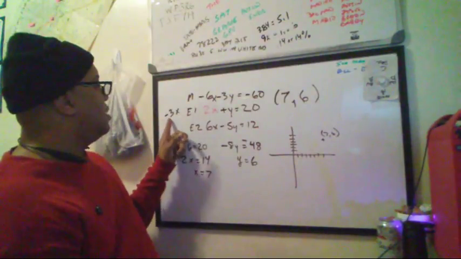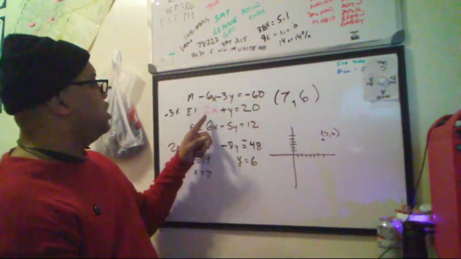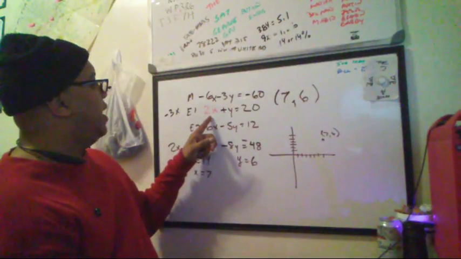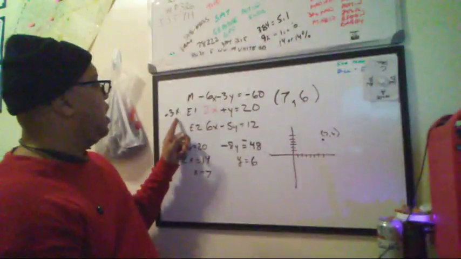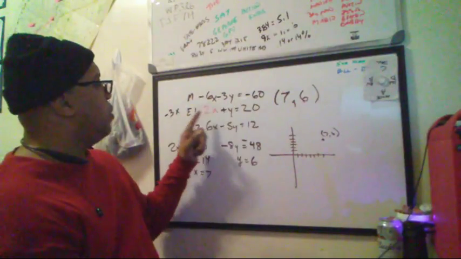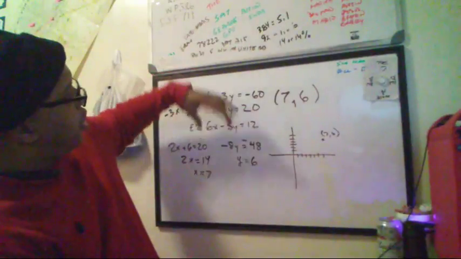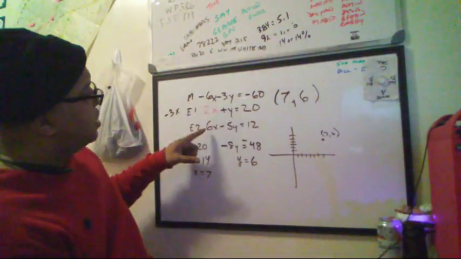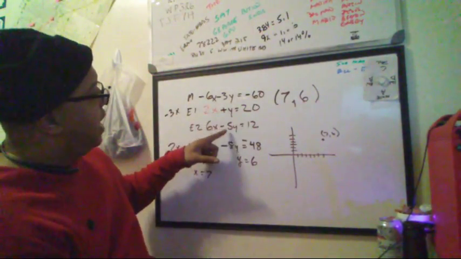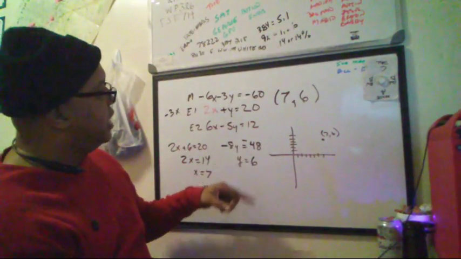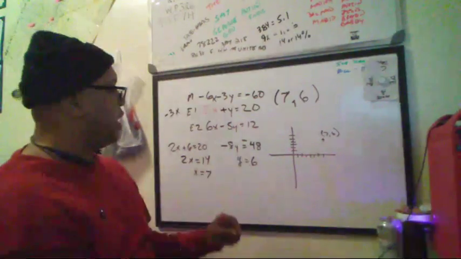And so I opted to multiply each term by negative 3. Negative 3 times 2x is negative 6x. Negative 3 times y is negative 3y. And negative 3 times 20 is negative 60. We vertically added. The x's canceled out. Negative 3y and negative 5y is negative 8y. Negative 60 plus 12 is negative 48.